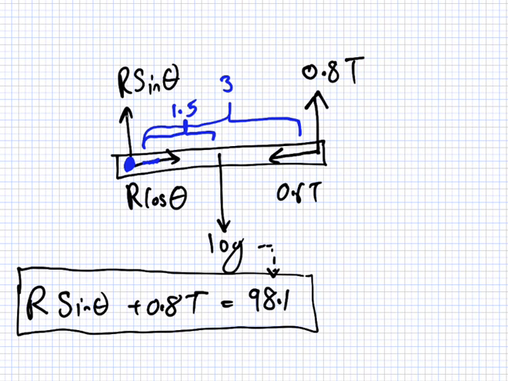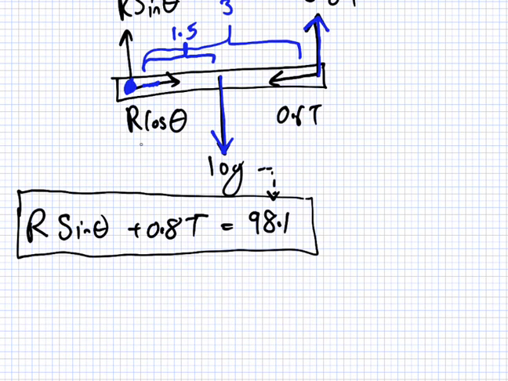This one? Clockwise. This one? Nothing. And then this one here? Anti-clockwise. So this clockwise one here must equal this anti-clockwise one here, like we did yesterday.